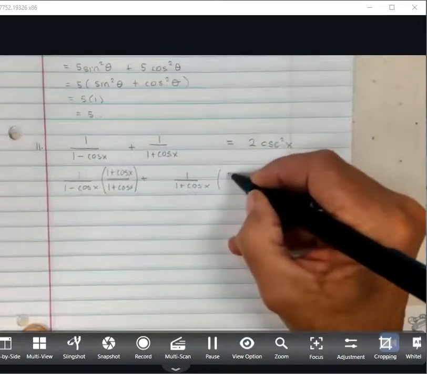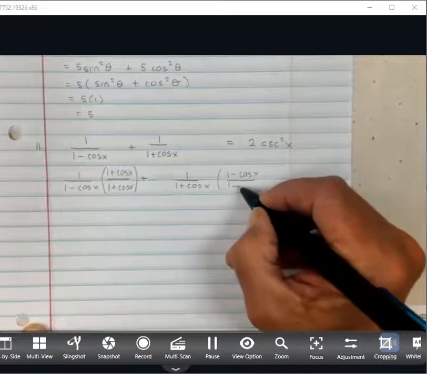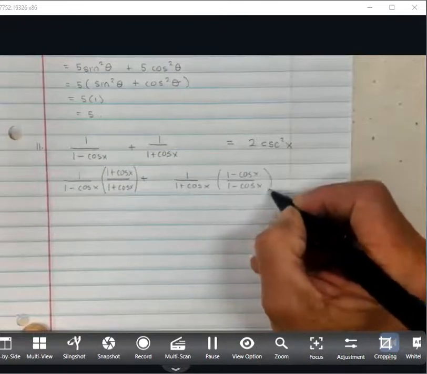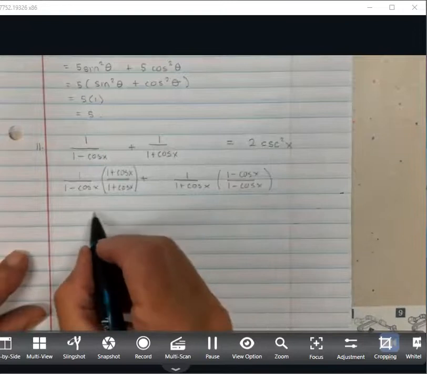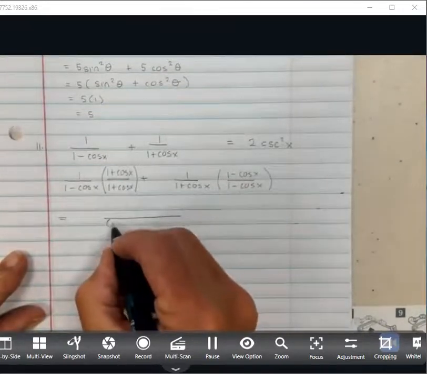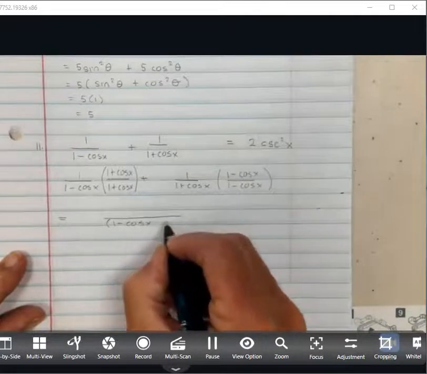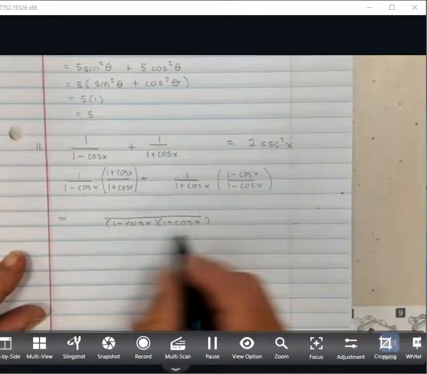And over here, I'm going to put in 1 minus the cosine of x over 1 minus the cosine of x. Now they have the same denominator, so I can write their numerators all over that same denominator. So there's the common denominator.